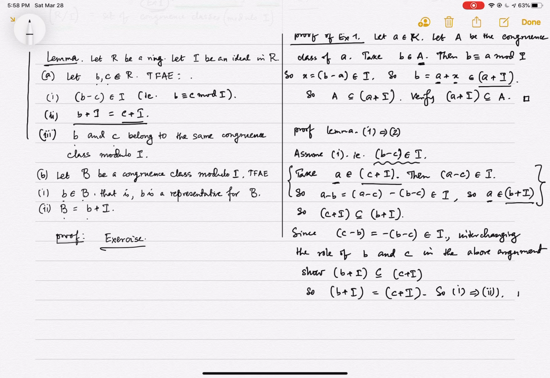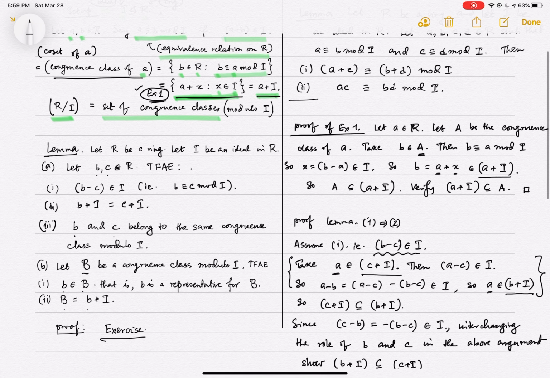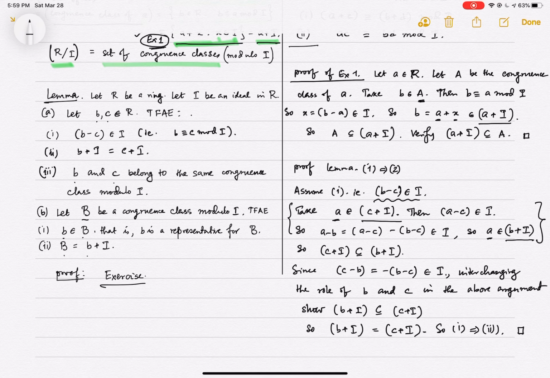And the other implications, 2 implies 3 and 3 implies 1, are actually even easier. And once you have that, part B is absolutely immediate. Part B says that if you have a congruence class, call it capital B, meaning a set that looks like something plus I, then if little b is an element of capital B, capital B happens to be the congruence class of little b, and these two statements are equivalent.